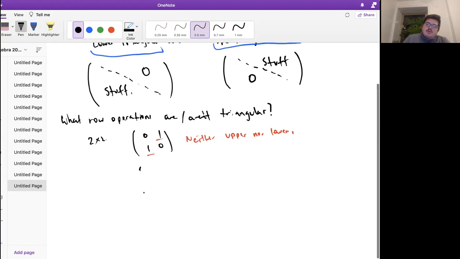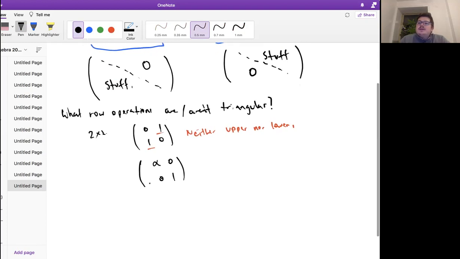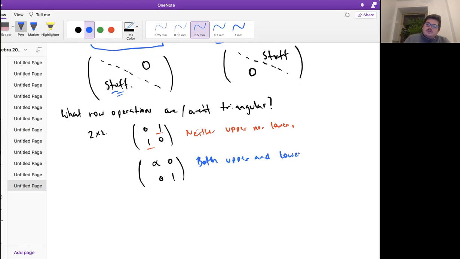How about a type 2? Is this upper or lower triangular? Well, the stuff can be 0, right? The stuff could still be 0. This is actually both upper and lower. So we call these a diagonal matrix. But how about type 3?